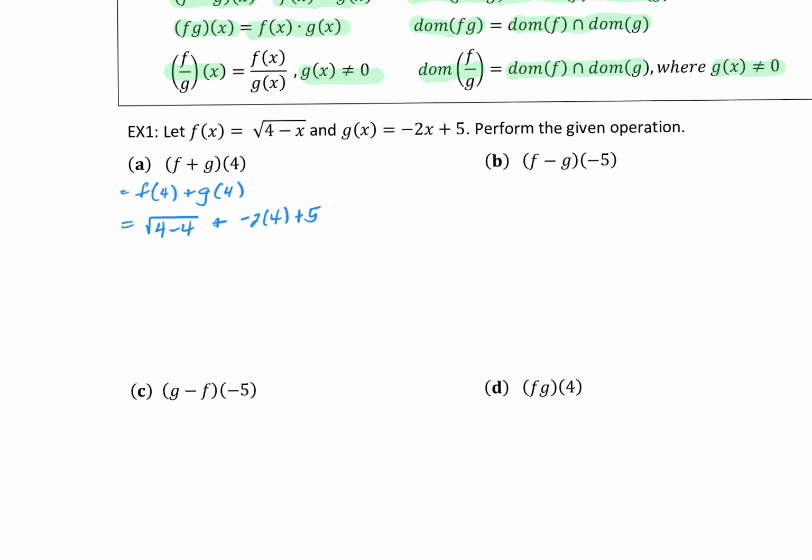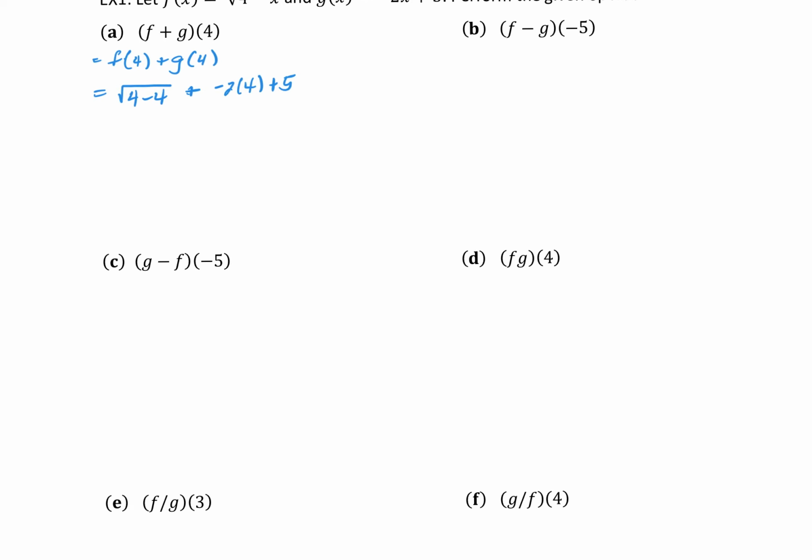The square root becomes 0, so that's just gone. And I end up with negative 8 plus 5, which is simply negative 3. So again, the square root of 4 minus 4 is just the square root of 0, so that's gone.